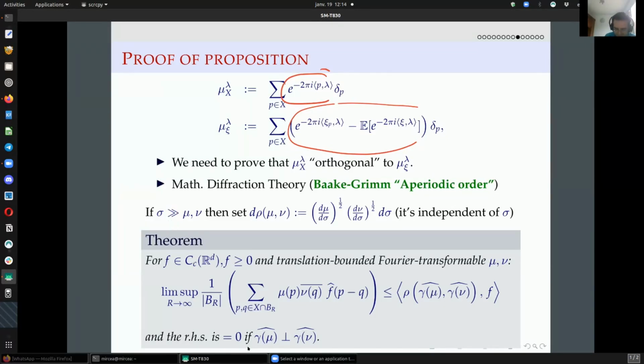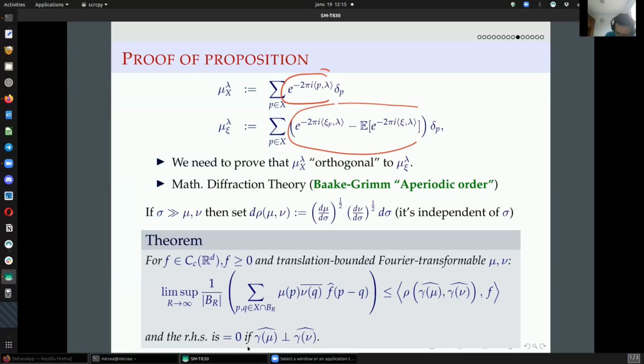For example, I can take the average: sigma could be the average of mu and nu. So for any such sigma, I can take the Radon-Nikodym derivatives of the two measures with respect to sigma, to the power 1/2, take the product, and I define this, which is a density referred to as the Hellinger distance between mu and nu.